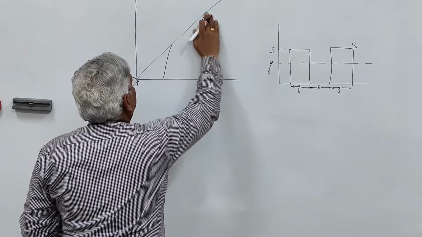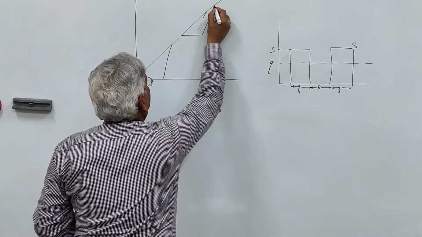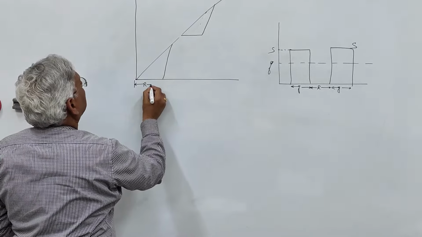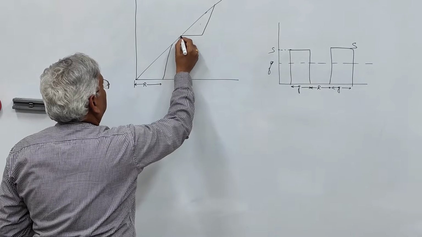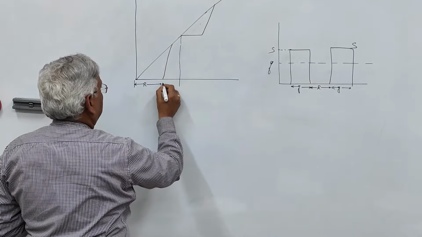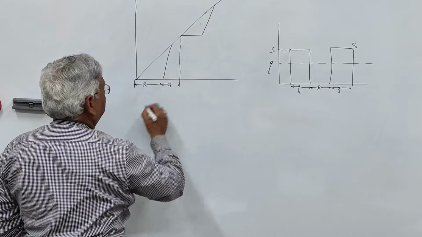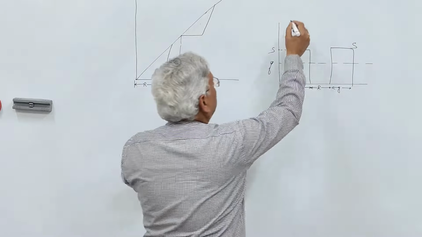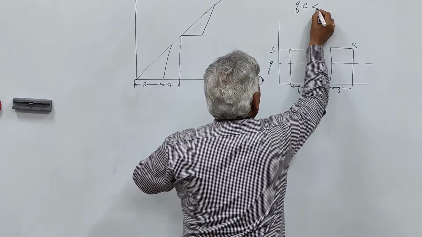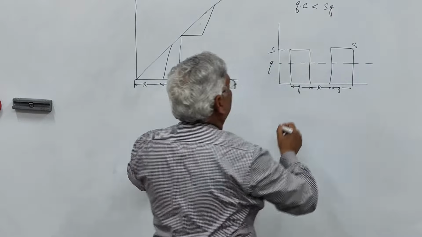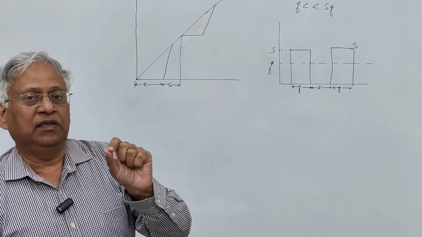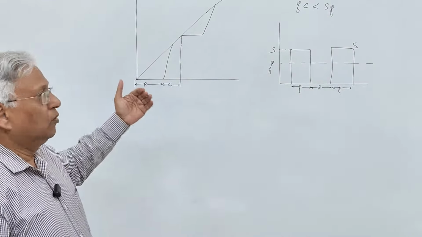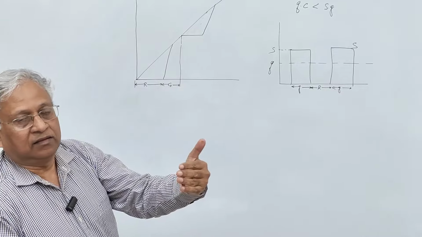Now this is the red time when there is no departure and this is the green time. Out of this total green, because we have seen that Q into C is less than S into G, therefore there will be certain time in the green during which there will be only coming and going of the vehicle.